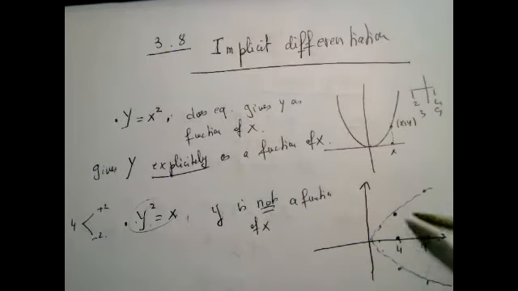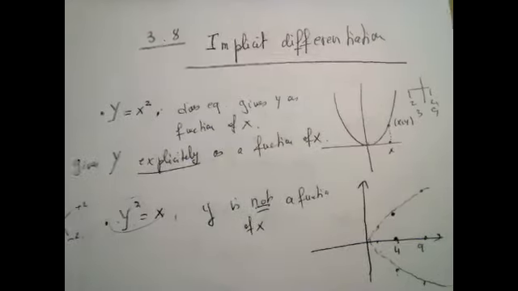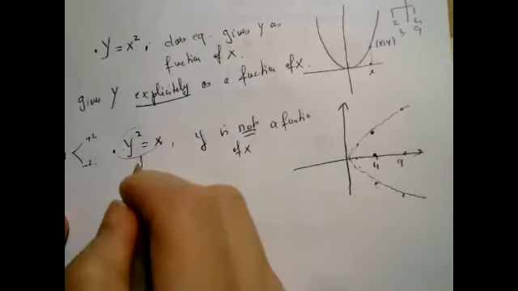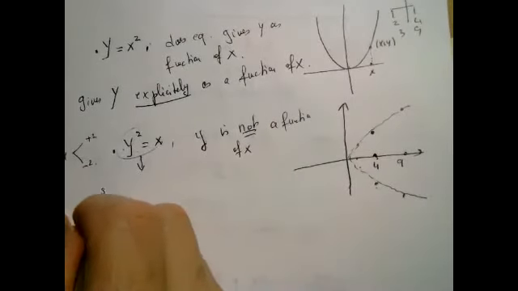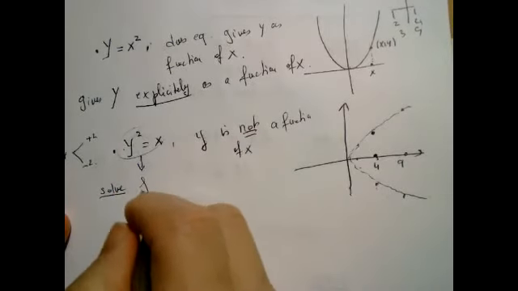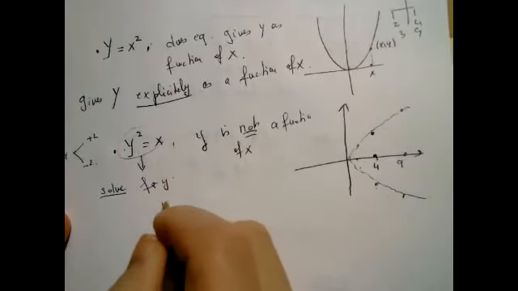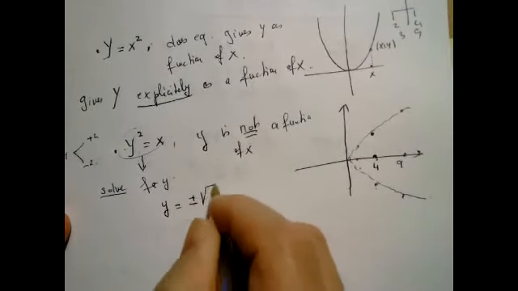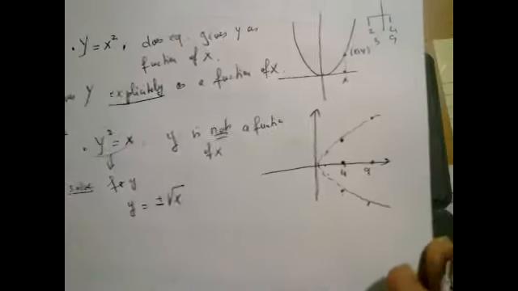Because if I give you an x, there are 2 y's. And the definition of a function is that for every x, there should be only 1 y. Now, however, if we take this equation and try to solve for y, we're going to have y equals plus or minus the square root of x.